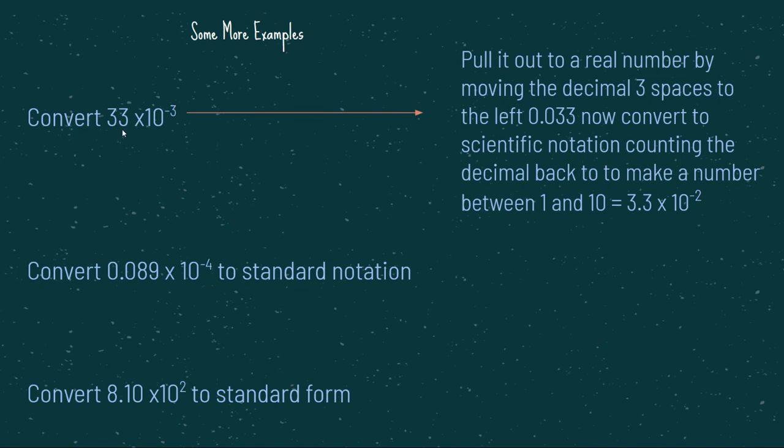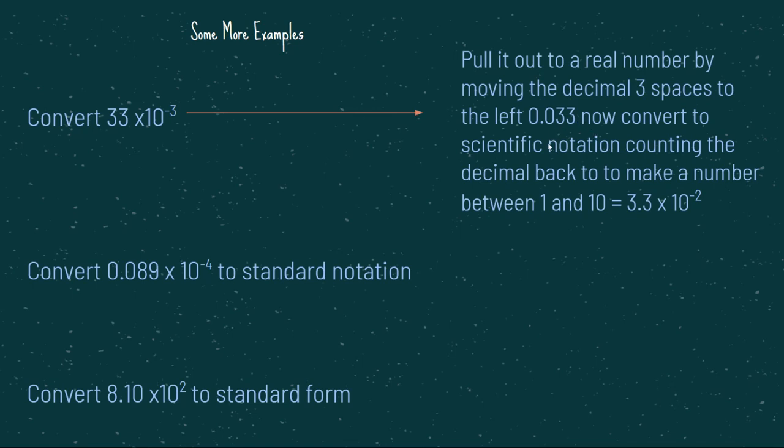I would count 3 spaces: 1, 2, 3. Put my decimal down. Where there's a blank space, you would add a 0. So I took my decimal from here, moved it 3 spaces, added a 0 in because there was a blank space in front of that 3, and now this is my new number, 0.033.